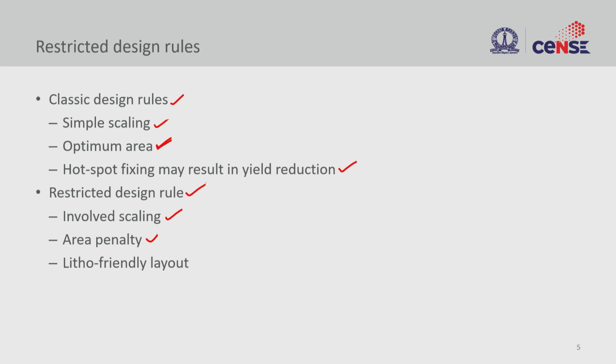So all the yield numbers that you get out of this DRC is only restricted to certain area, and once you do all of this, you get a very good litho friendly layout. So this is very important. So once you have litho friendly layout, then you are guaranteed that your device is going to be yielding with a higher percentage and reliable as well.